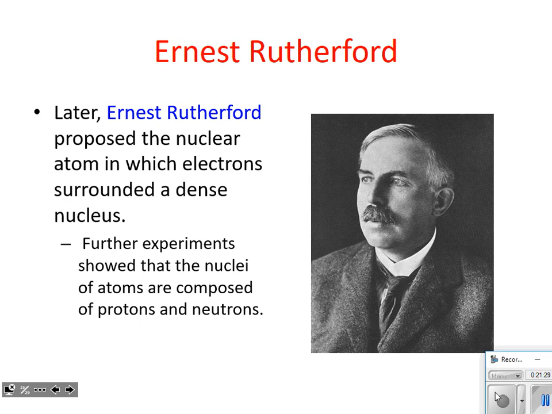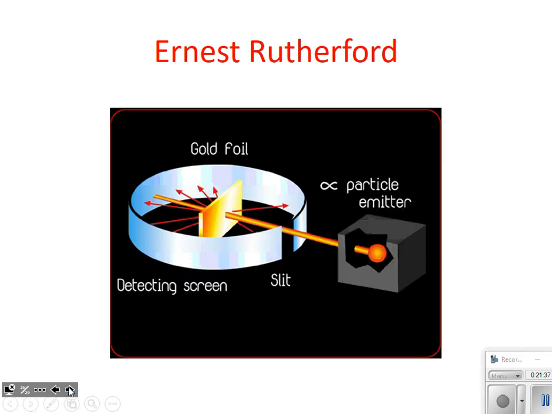Now, with Rutherford comes the gold foil experiment. This is how Rutherford discovered the nucleus. All right? He had an alpha particle emitter right here.